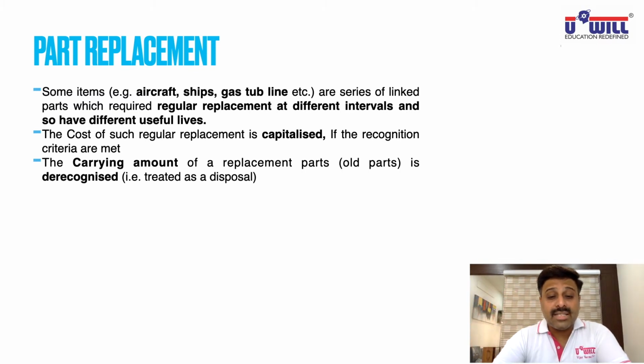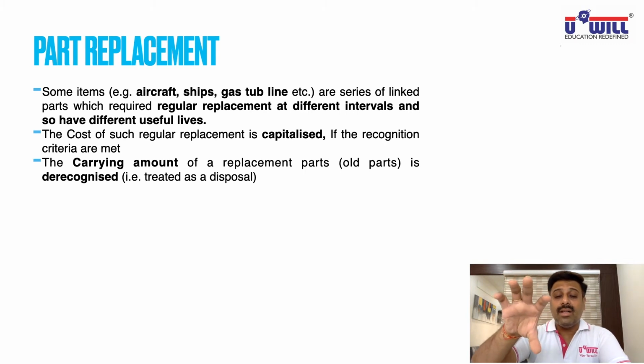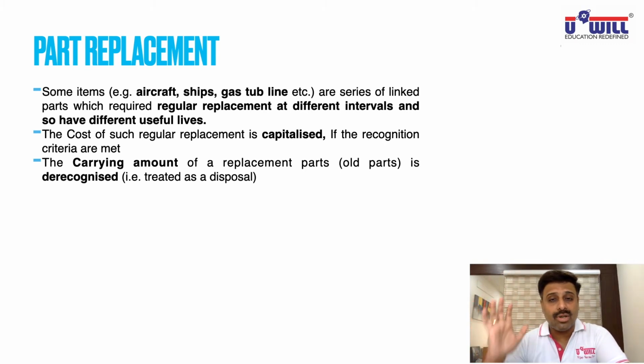The cost of such replacement is capitalized if the recognition criteria are met. And the carrying amount, means book value, of the replaced old parts is derecognized. Old parts you remove, derecognize means you remove from the asset side, and the difference amount, profit or loss, is debited to P&L account, and the value of the new part is taken again in the books of accounts.